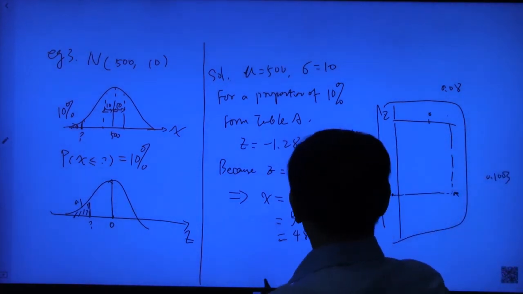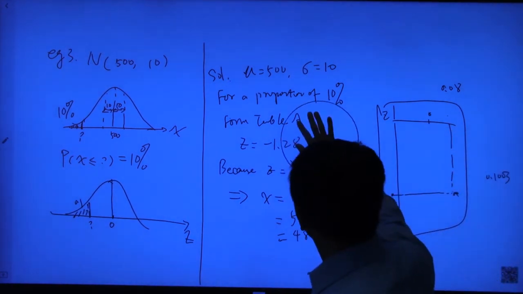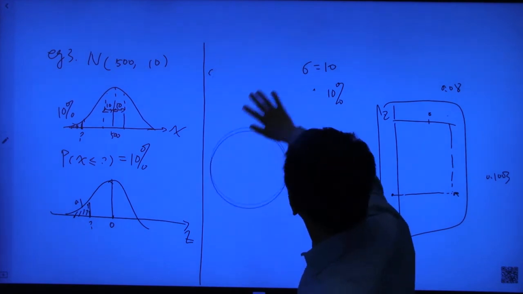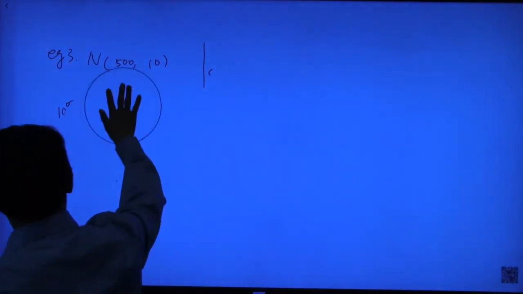Now we discuss another one, maybe a little bit more complicated, but let's try. Example 4. Again, a normal distribution.